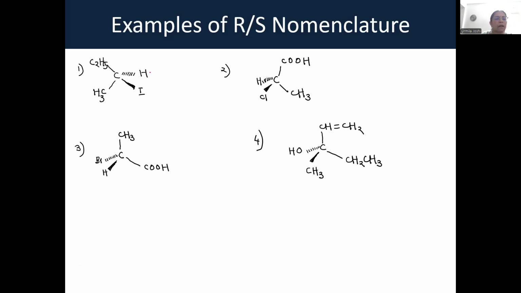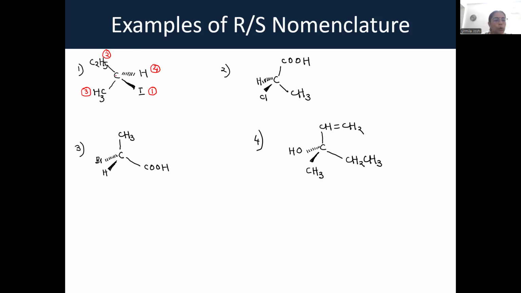First one, H is 4, right? All others are higher than H. This is 1. Iodine, much higher atomic number. This is C2H5, so this gets number 2. This gets number 3. Now, when there is a dotted line wedge structure, just ensure that 4th priority is pointing backwards.